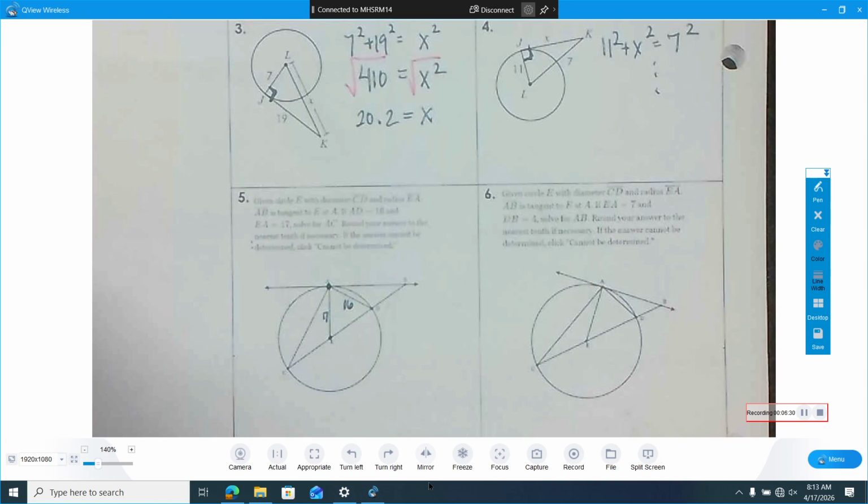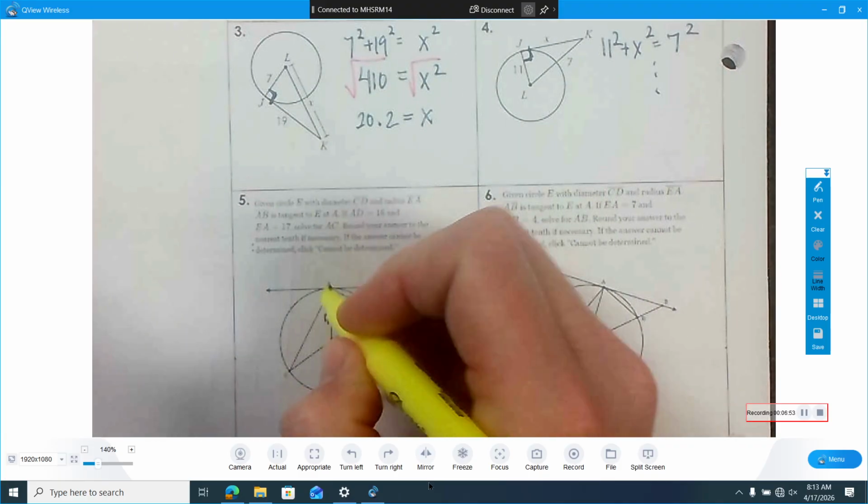I don't know the best way to do that. Okay, interesting. What are you thinking? So EA is a radius.